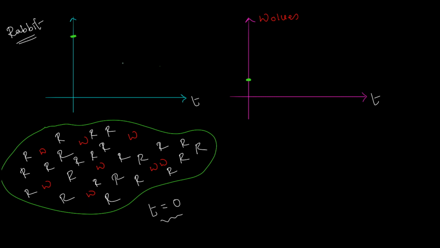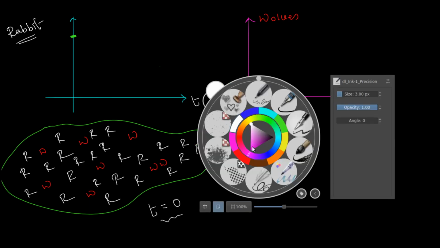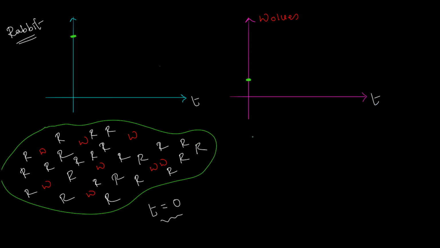Anyway, let's see. As time proceeds, obviously, wolves. The good thing about wolves is that they have plenty of rabbits to feed on, right? So wolves have a lot of rabbits to feed on, and wolves being wolves, it will not be very difficult to kill a rabbit and eat them, barbecue.